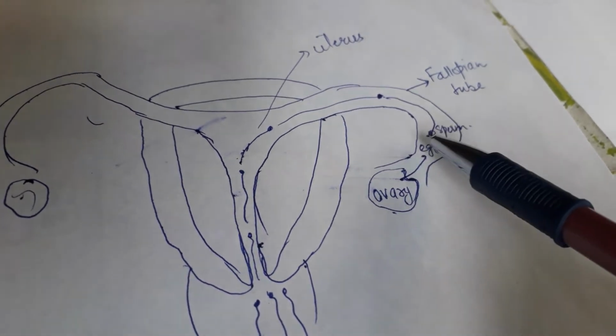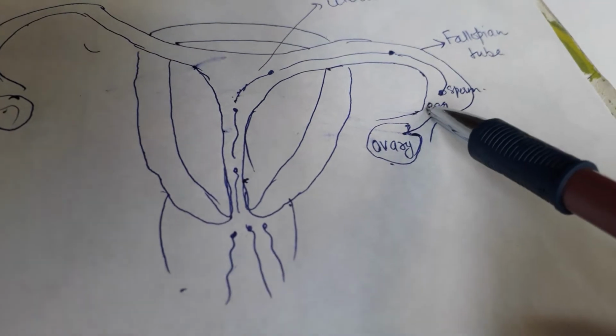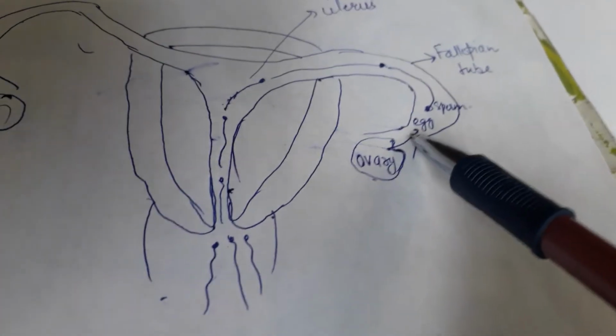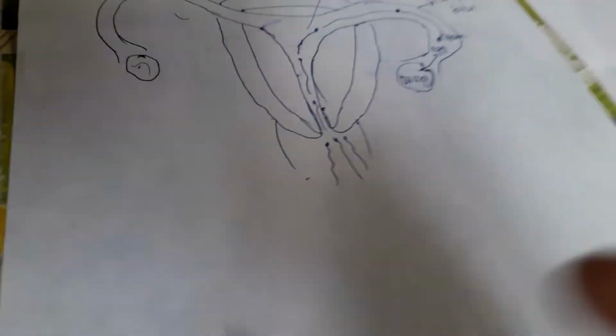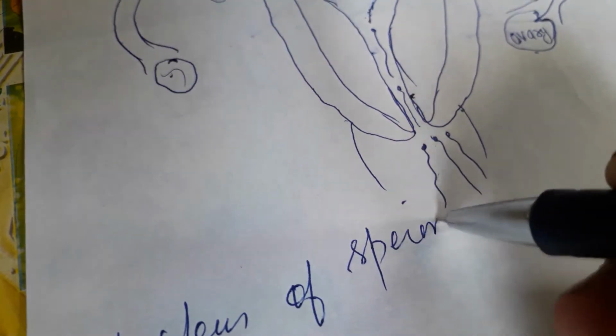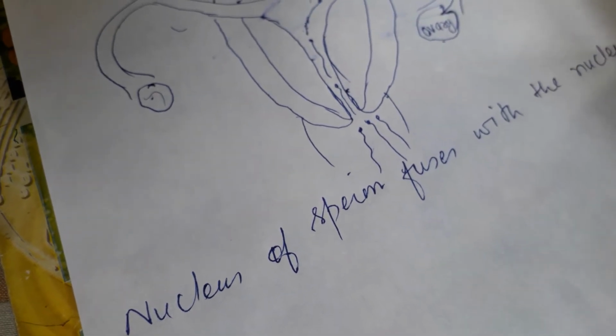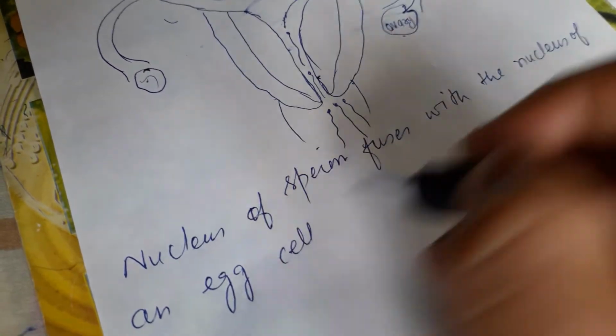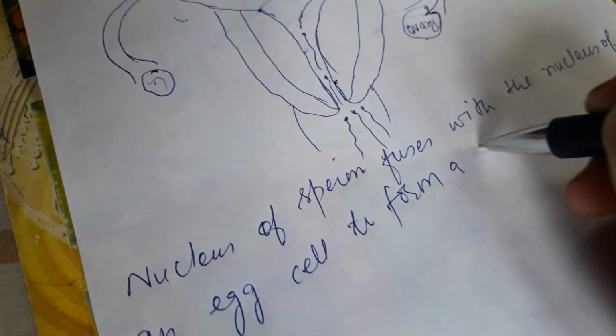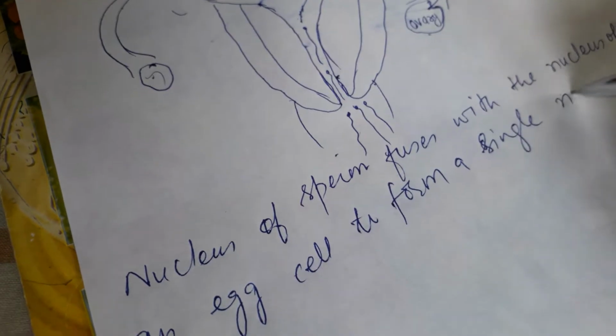And in this oviduct the nucleus of the sperm fuses with the nucleus of the egg cell to form a single nucleus. I'll write here. Nucleus of sperm fuses with the nucleus of an egg cell to form a single nucleus.